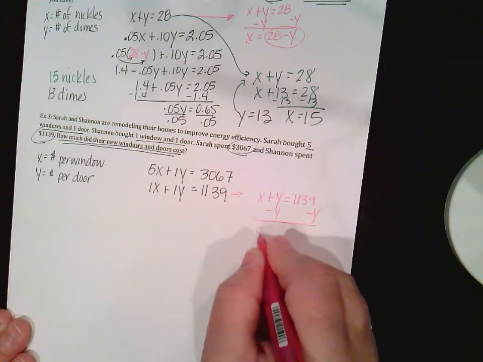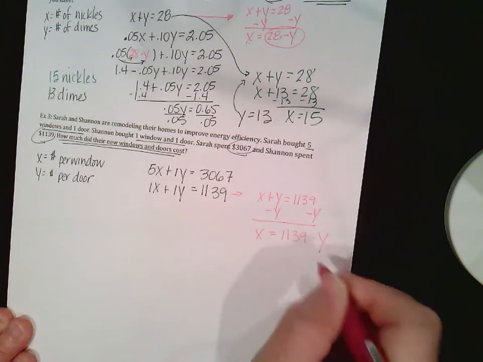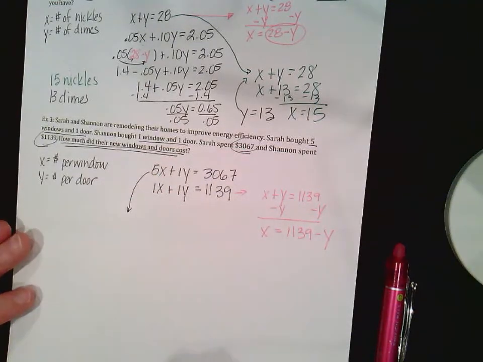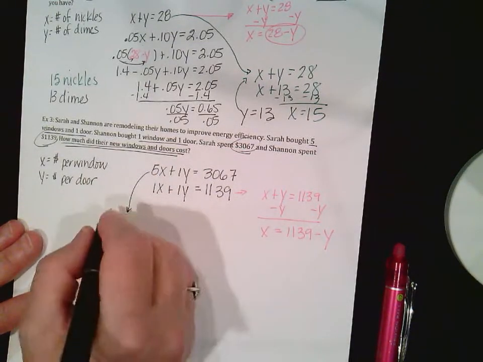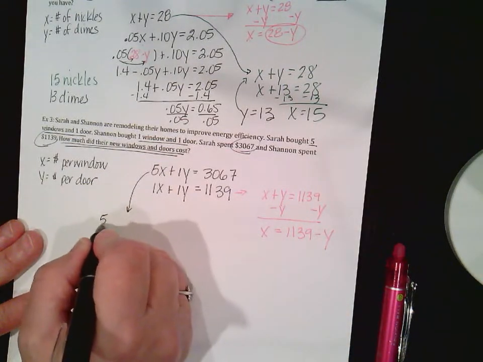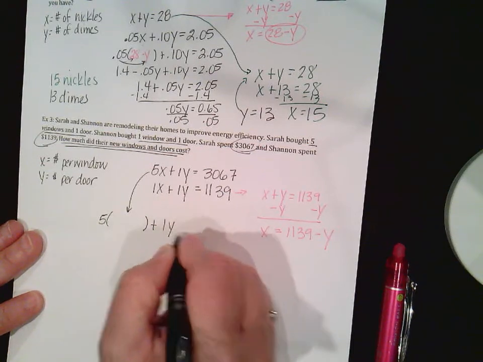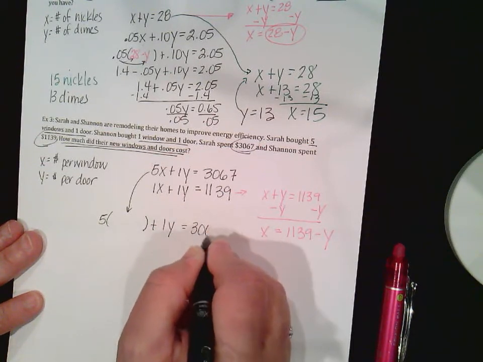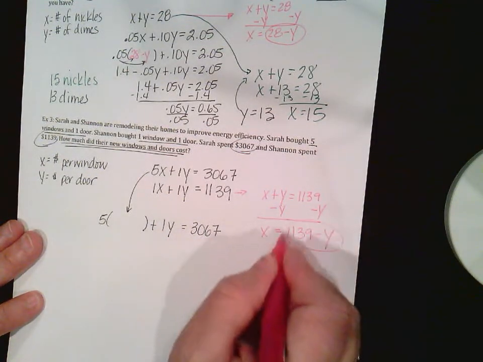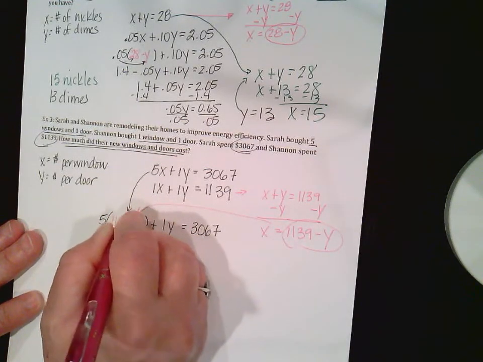So I know that X equals 1139 minus Y. Then I'm going to take Sarah's expression, excuse me, and I need to substitute this value in for X. So I'm going to write 5, with a big parentheses for my X, plus 1Y equals 3,067. And I'm going to take this entire expression and drop it in place of the X, so that's 1139 minus Y.